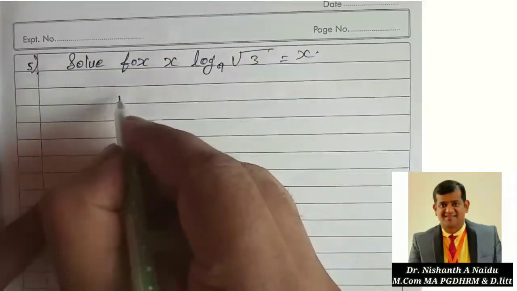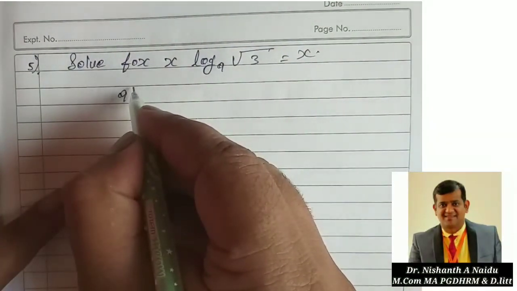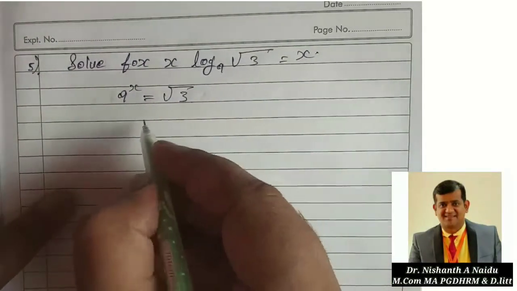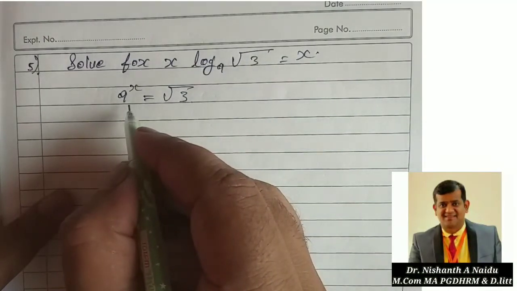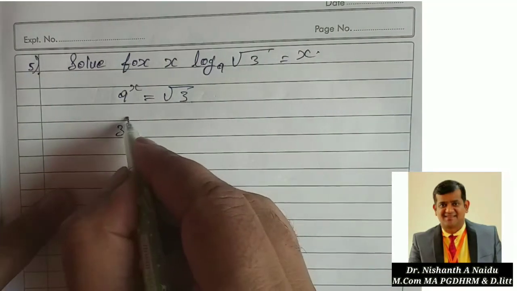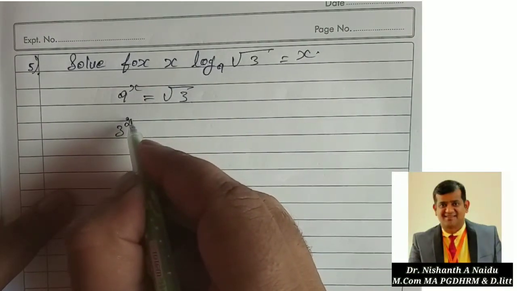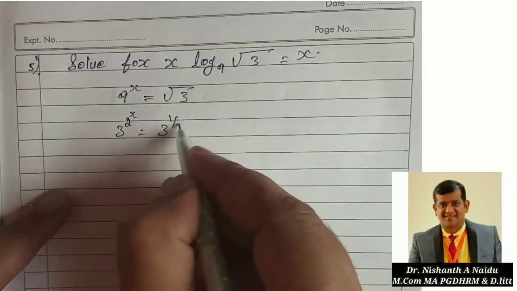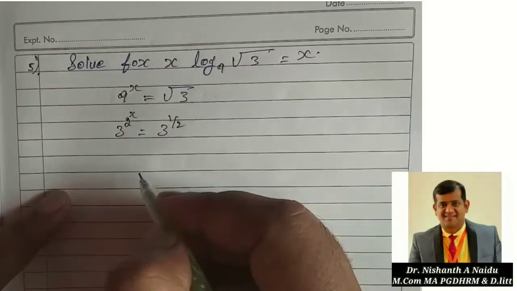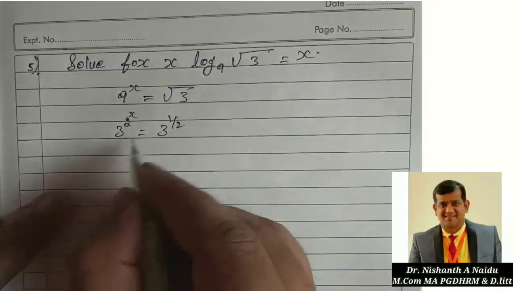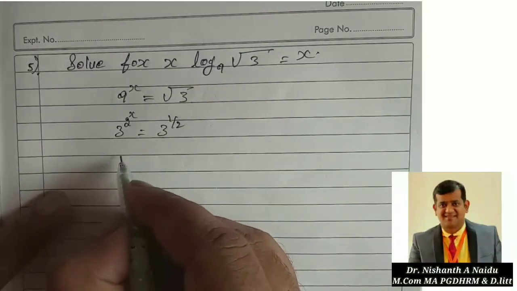So then what I have to do here, 9 to the power x equals root 3. So 3 to the power 2 is 9. 3 to the power 2 to the power x equals 3 to the power 1 by 2, because I am removing the root. So when bases are same, powers can be equated, correct?